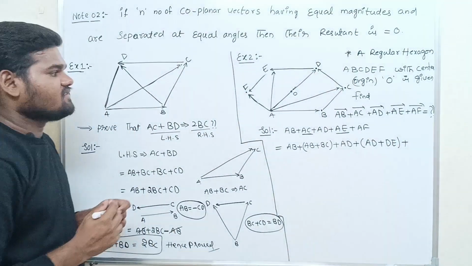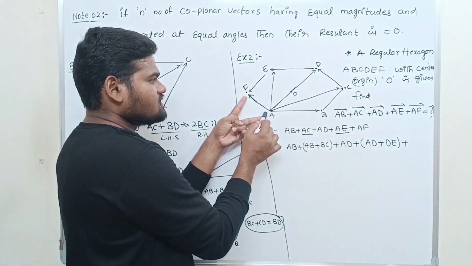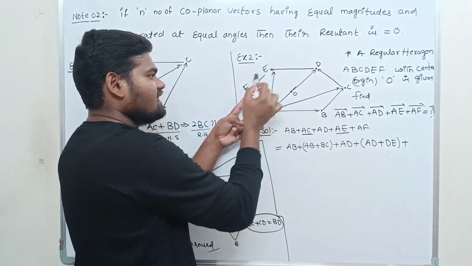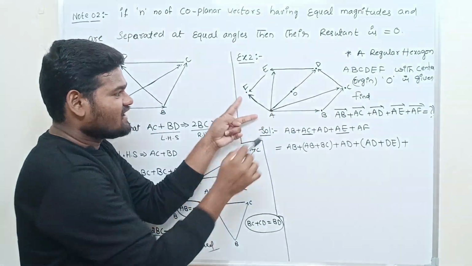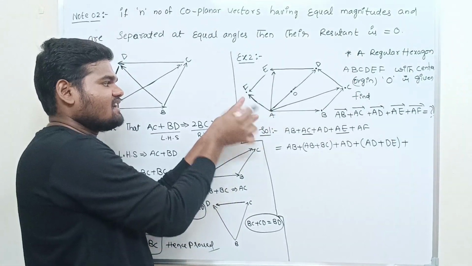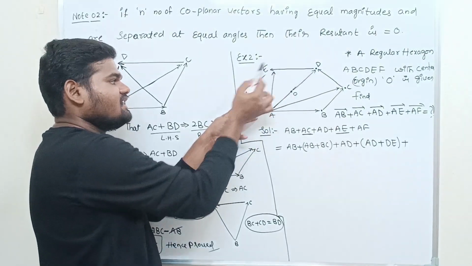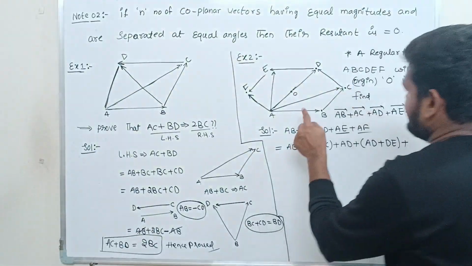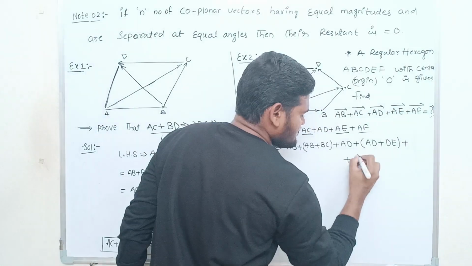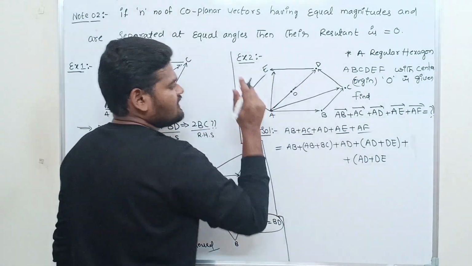Plus AF. Have a look. This is AF. AD, DE, EF are in order and AF is in reverse order. Then we can write AF is equal to AD plus DE plus EF.